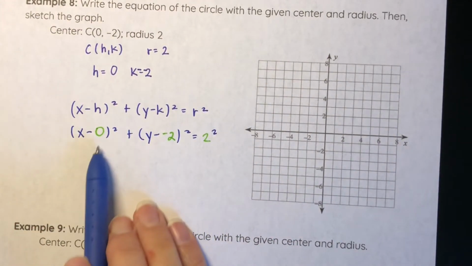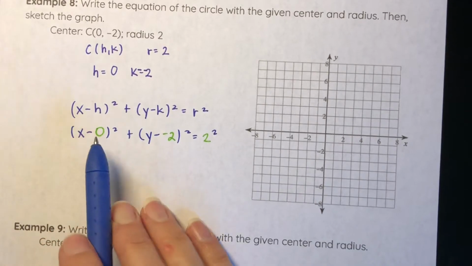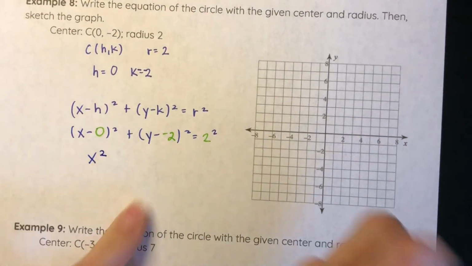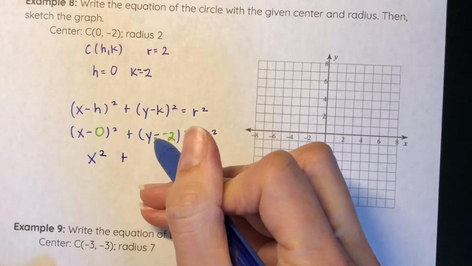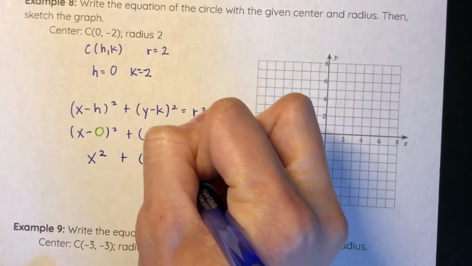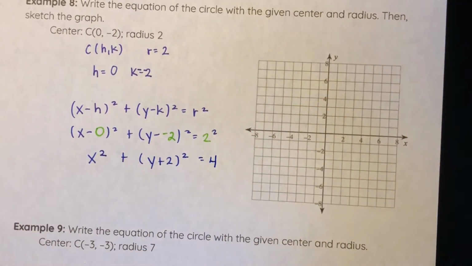So here, since I have h is just 0, I know that x minus 0 is just x, so this will turn into x squared. And then for my next one, I know y minus a negative 2 is the same thing as y plus 2 squared, and this will equal 4.